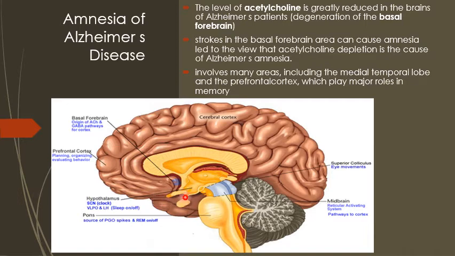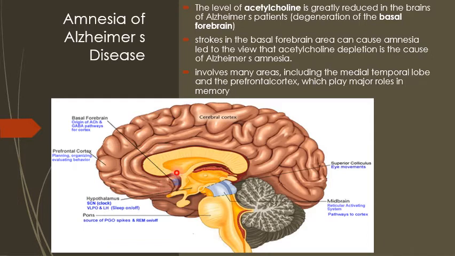This is the origin of acetylcholine and GABA pathways for the cortex. So low levels of acetylcholine. Strokes in the basal forebrain can cause amnesia, which led to the view that acetylcholine depletion is the cause of Alzheimer's disease.